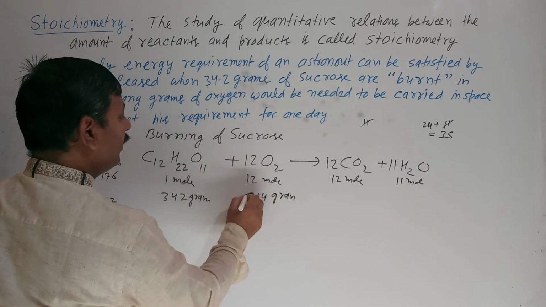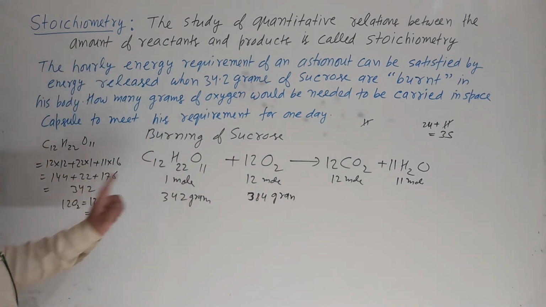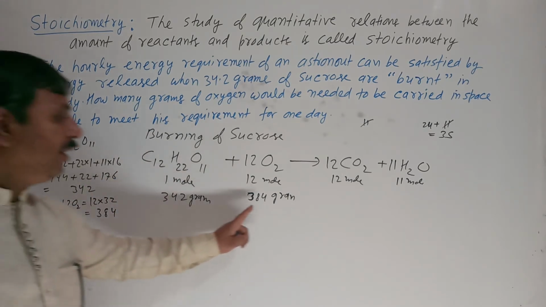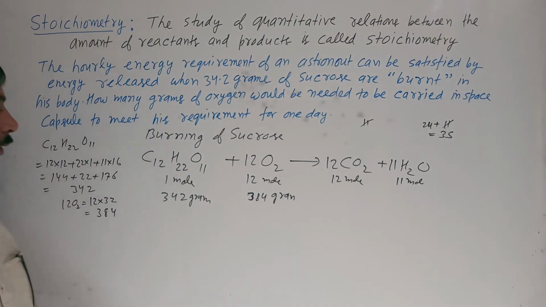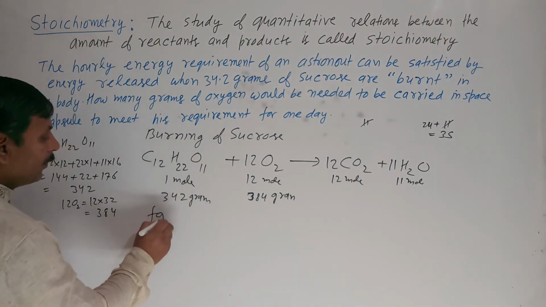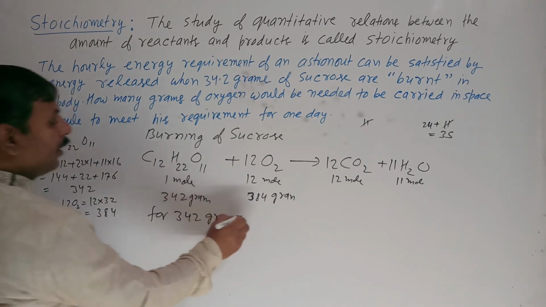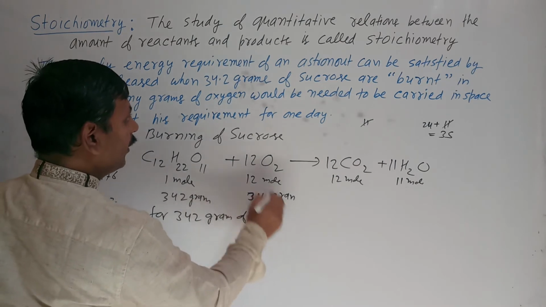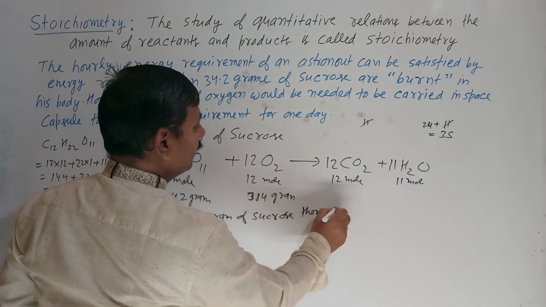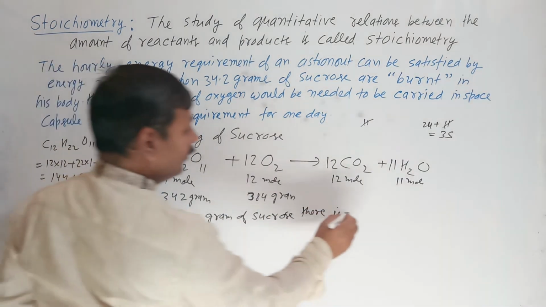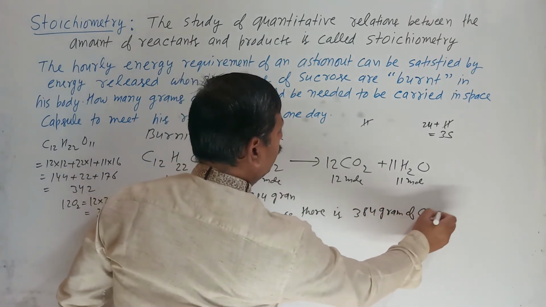If you want to burn 342 gram of sucrose, we need 384 gram of oxygen. So see it, for 342 gram of sucrose, there is 384 gram of O2 required.